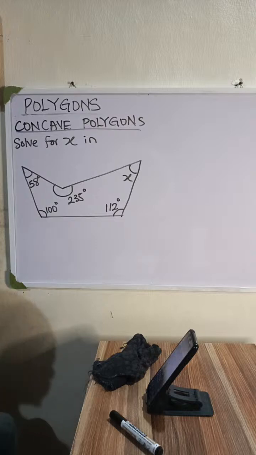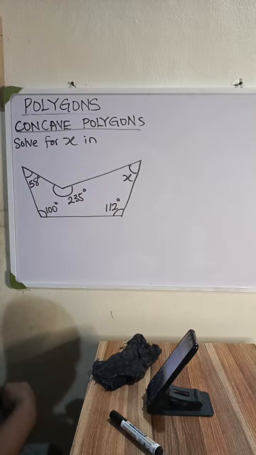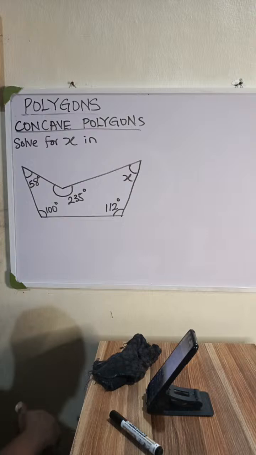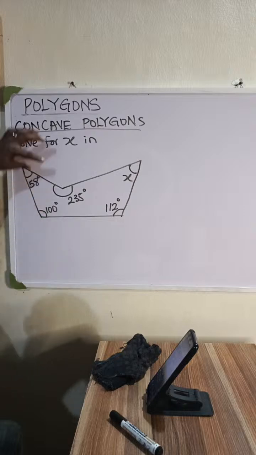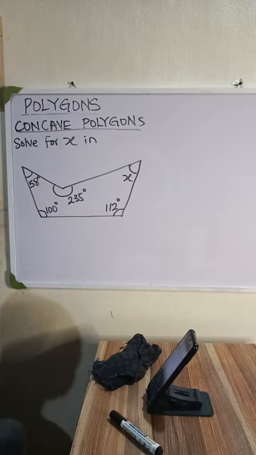So let's solve for x. From the number of angles we have, we know that this is a pentagon. A concave polygon always forms something that looks like a cave, a depression.